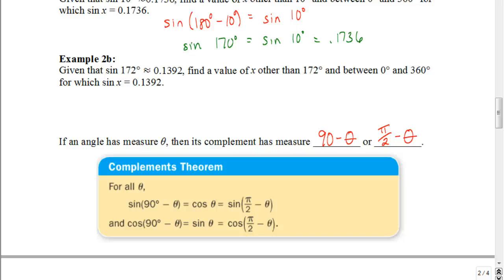So in place of 90, we would work with pi over 2. So in other words, looking at this box for this complements theorem, the sine of 90 degrees minus an angle is equivalent to the cosine of the angle. And the cosine of 90 degrees minus an angle equals the sine of the angle. Again, if we're working in radians, we replace 90 with pi over 2.